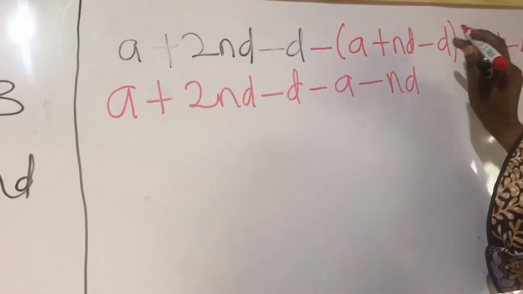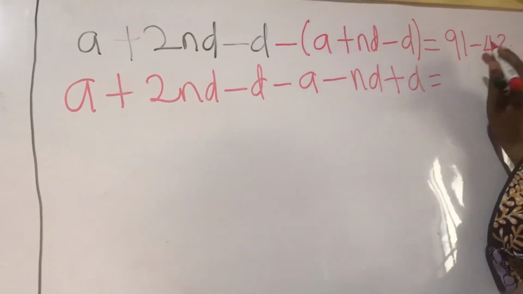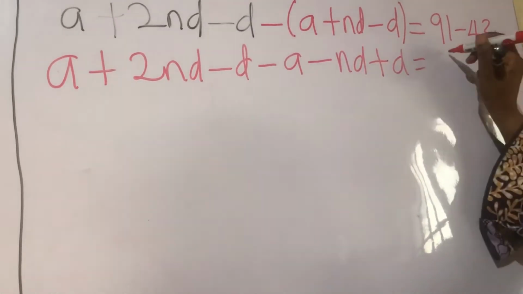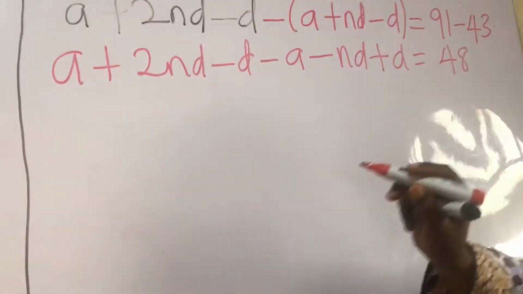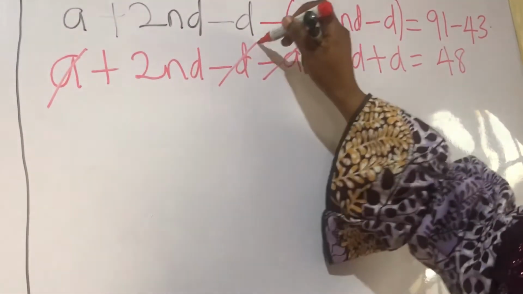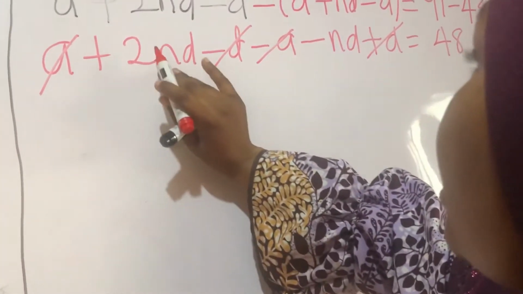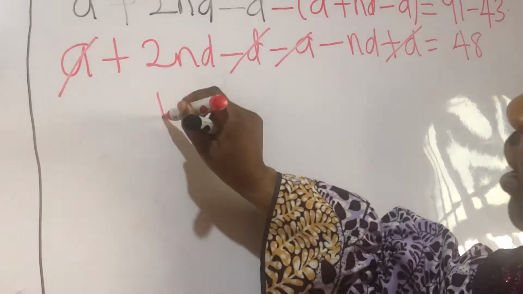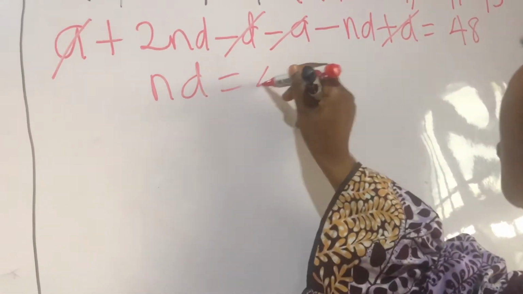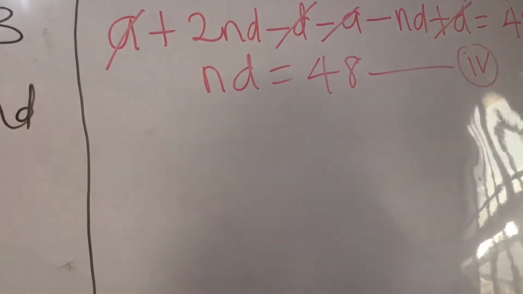Minus multiplied by negative D gives plus D, is equal to 91 minus 43, which gives 48. Here positive A cancels negative A, and negative D cancels positive D. We are left with 2ND minus ND, which gives ND is equal to 48. Label this as equation 4 and keep it aside.